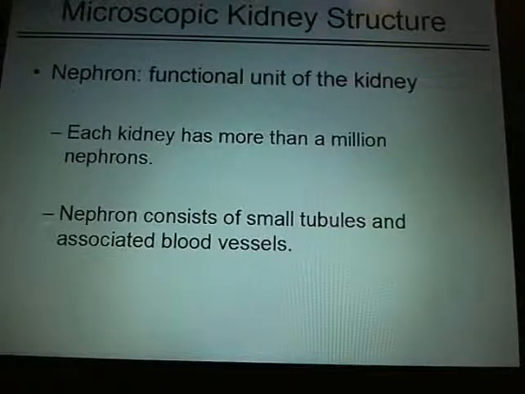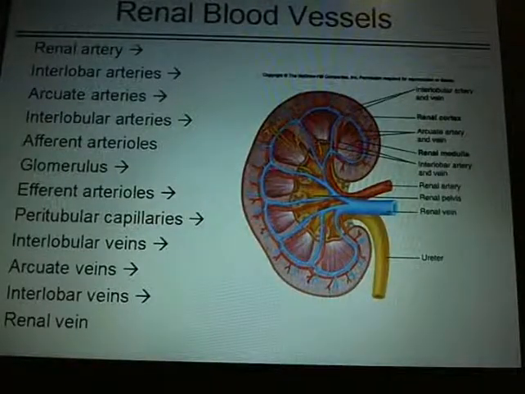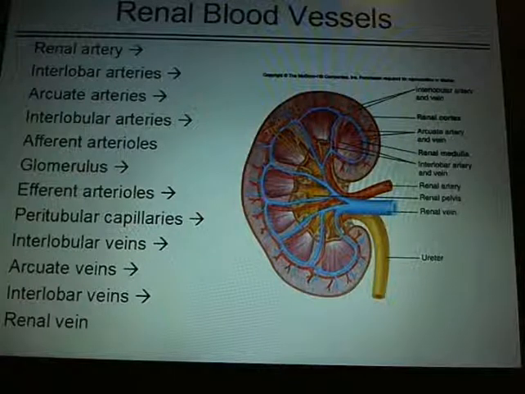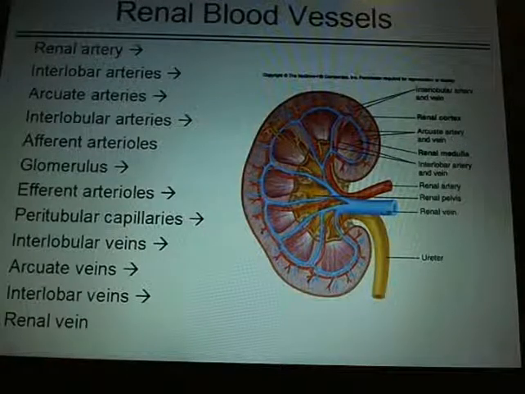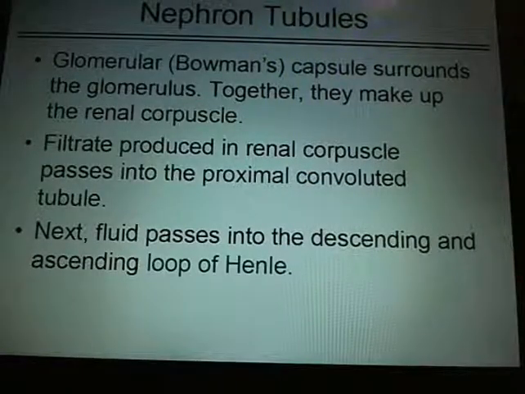Kidney structure, the nephron, again, is the functional unit of the kidney. Renal blood vessels, we're not going to go in other than to know that the vasa recta and the capillaries are excreting in the Bowman's capsule and reabsorbing, and you have the afferent and efferent arterioles. The nephron is made up of Bowman's capsule.